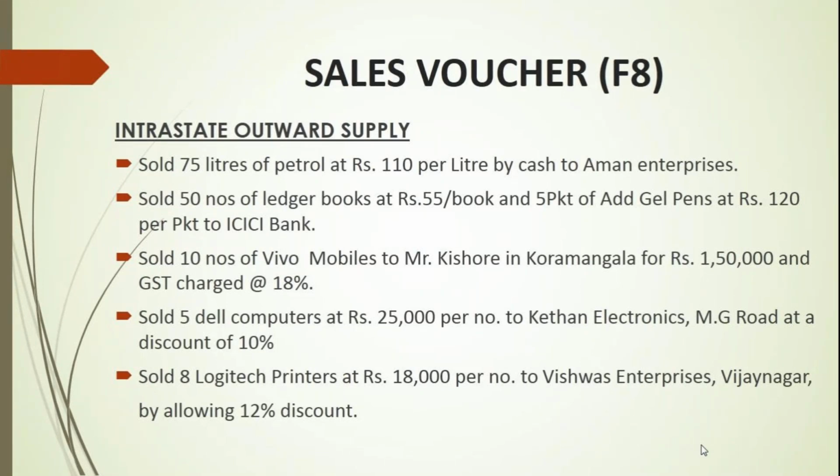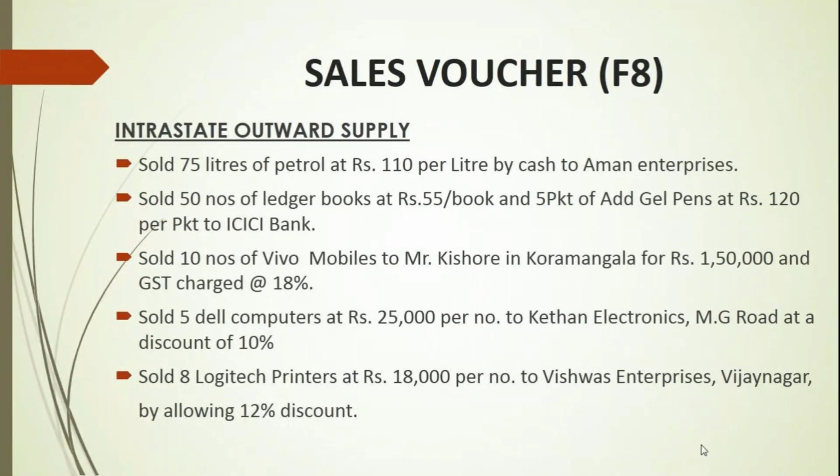Right. So we are discussing the sales voucher. Sales voucher is F8. We have F4 contra, F5 payment, F6 receipt, F7 journal, F8 sales, F9 purchase. As we discussed both intrastate and interstate supplies for purchases, in the same way for sales we have intrastate outward supply and interstate outward supply.